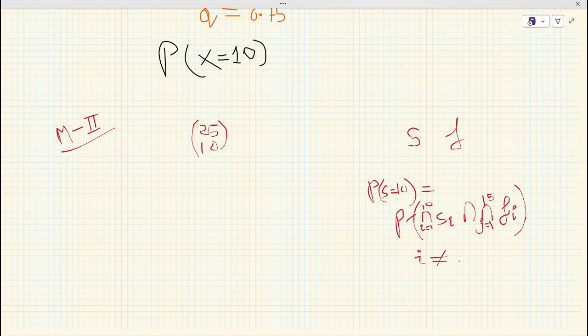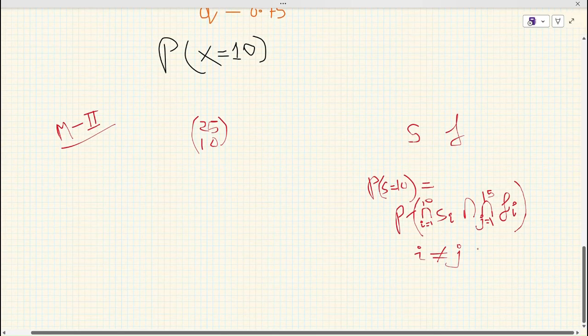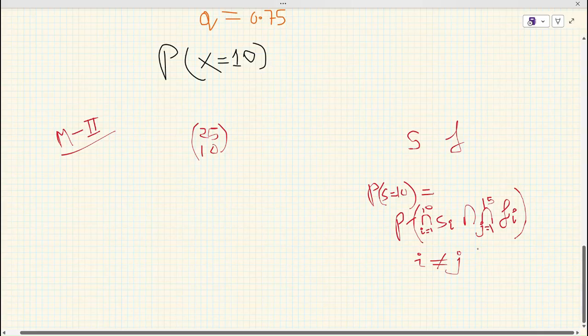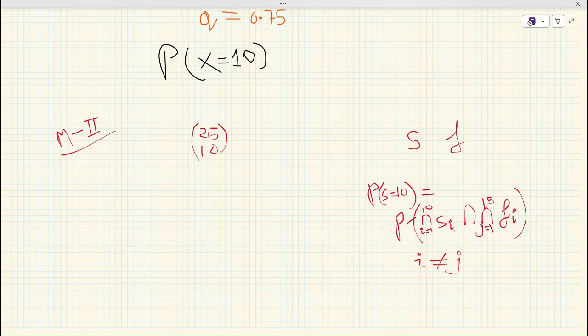You can't have a question right and wrong at the same time, so i is not equal to j. For every i, P of Si is 1 by 4, or 0.25, so we get 0.25 to the power 10.